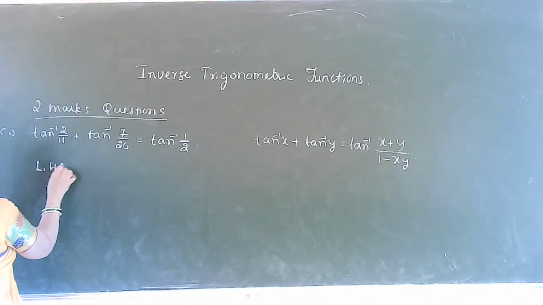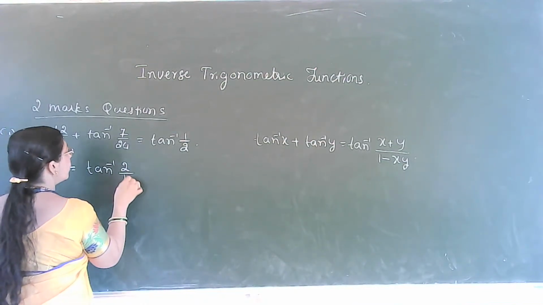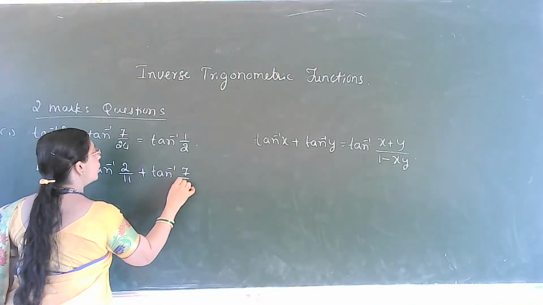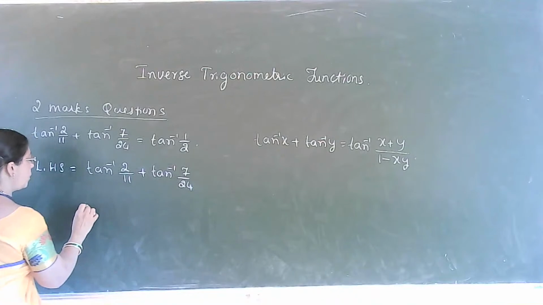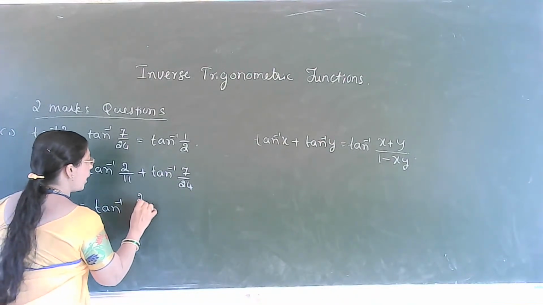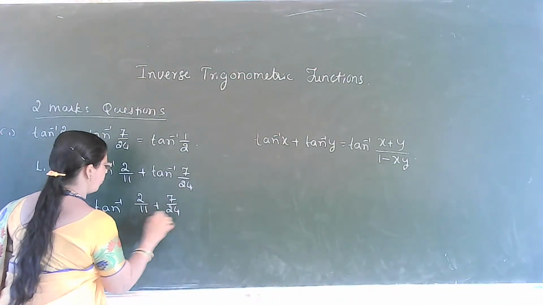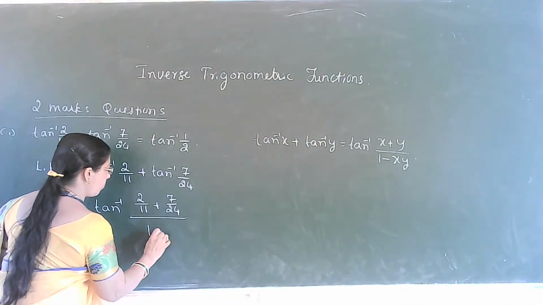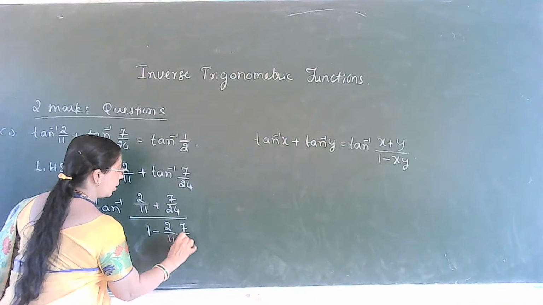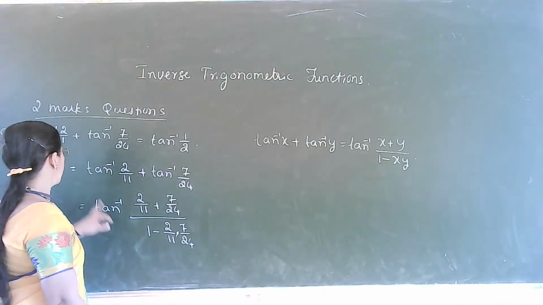LHS is equal to tan inverse 2/11 plus tan inverse 7/24, which is equal to tan inverse of 2/11 plus 7/24 divided by 1 minus 2/11 into 7/24.